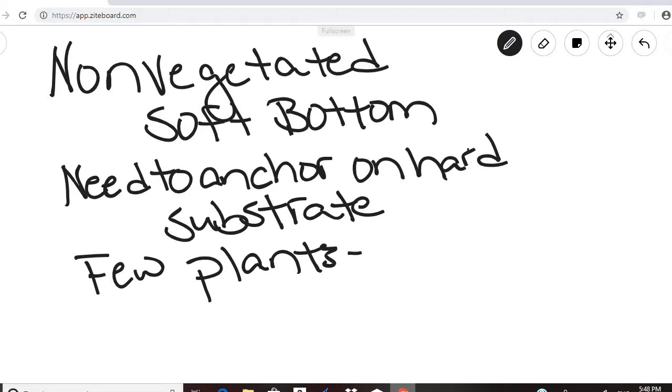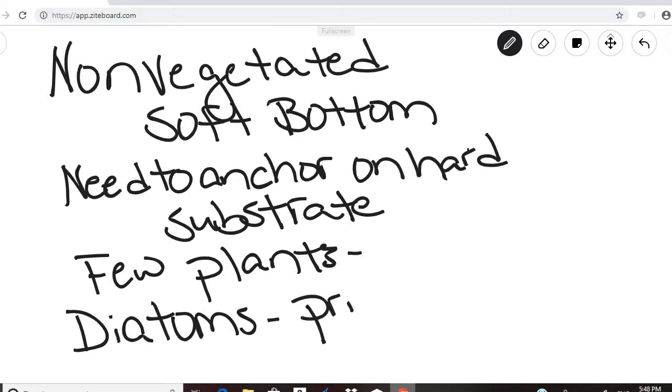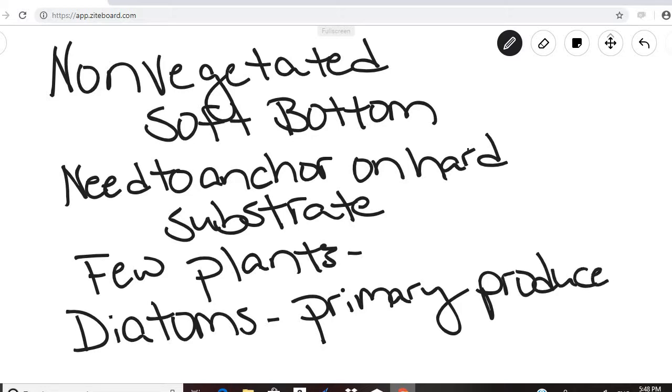So then, if there are very few plants, what are the producers in this area? If plants are not the producers, what are? And the answer to that is the diatoms. So we've learned about those before. So the diatoms would be the primary producers. They are the organisms that are doing photosynthesis.